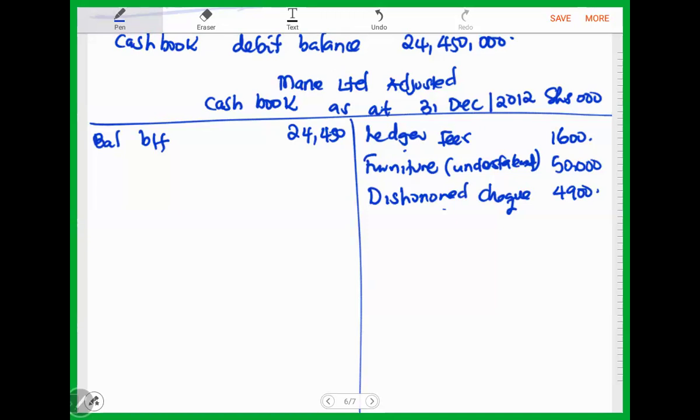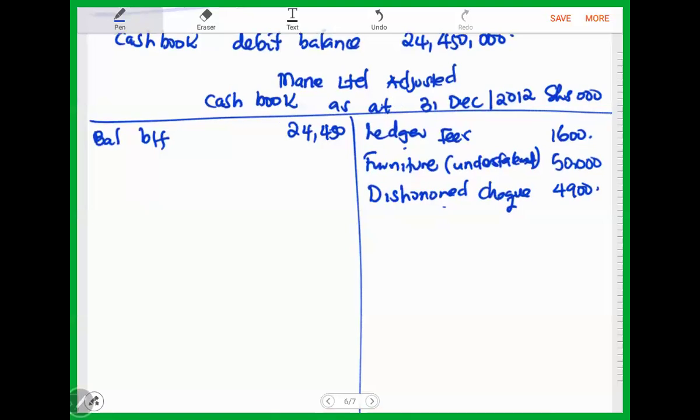So we are saying that a check of 12 million in the payment for motor vehicle insurance had been mistakenly entered in the cash book as a debit. We instead showed that money had come in, yet in actual sense, it was supposed to be paid. So we overstated our cash book by debiting it. So we're going to cancel that and also go ahead to do the right transaction.